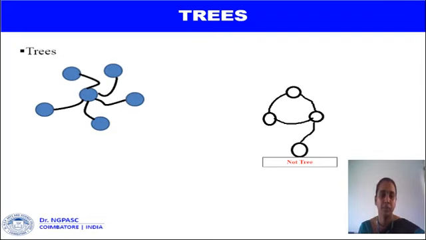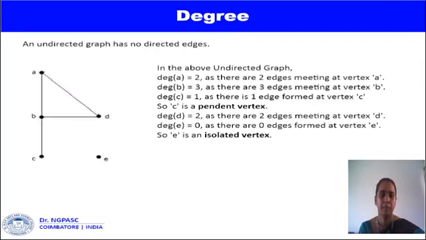The next one is degree. So what do you mean by degree? In this example, if we take A, from A we can travel to B and D. From A we can travel to two vertices, that is B and D. So A has 2 degrees.